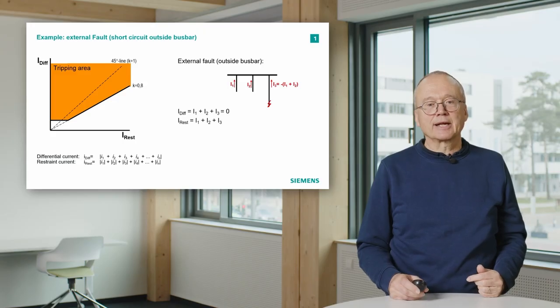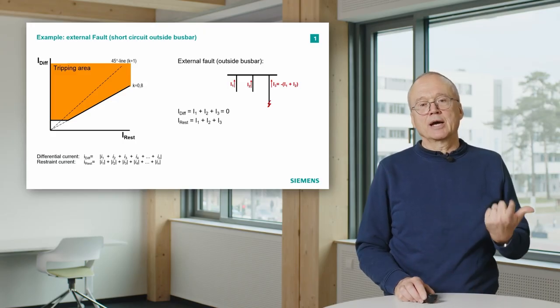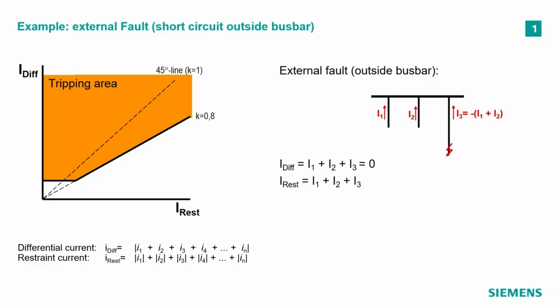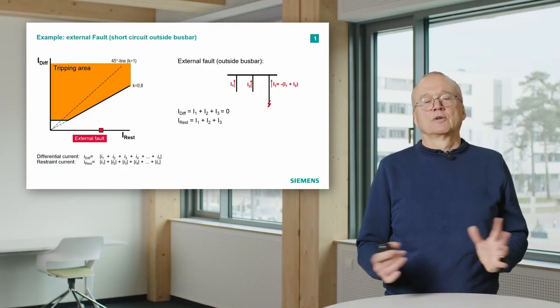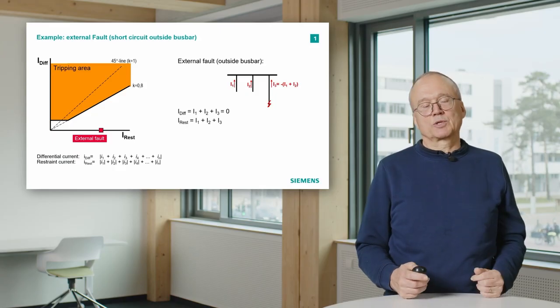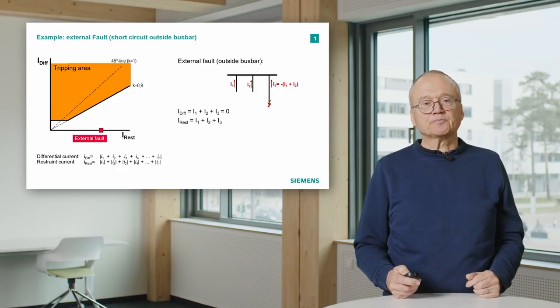If we calculate the differential current, I1 plus I2 plus I3, I3 is minus (I1 plus I2), so the result is 0. That means the differential current is 0. The restraint current is |I1| plus |I2| plus |I3|, so our operating point is somewhere on the horizontal axis. Easy, no trip. We are clear outside the tripping area.